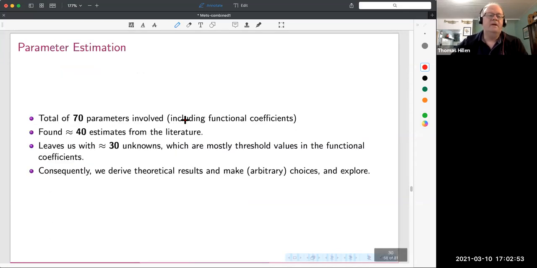So this in total gives about 70 parameters, which is way too much. We can estimate about 40 from the literature, which means 30 unknowns. So we are stuck with a more theoretical analysis. We can still theoretically analyze what's happening here, but there are too many unknowns to really do a fitting to data.